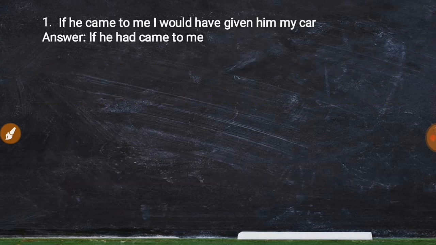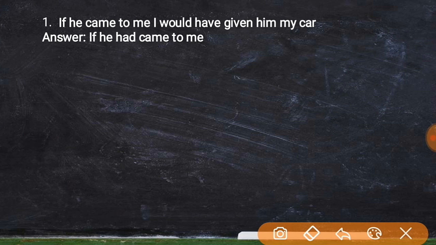Let's take some examples and do some exercises here. If he came to me, I would have given him my card. If we see the first sentence, if he came, this is the past form, then I would have given, this is the past form.